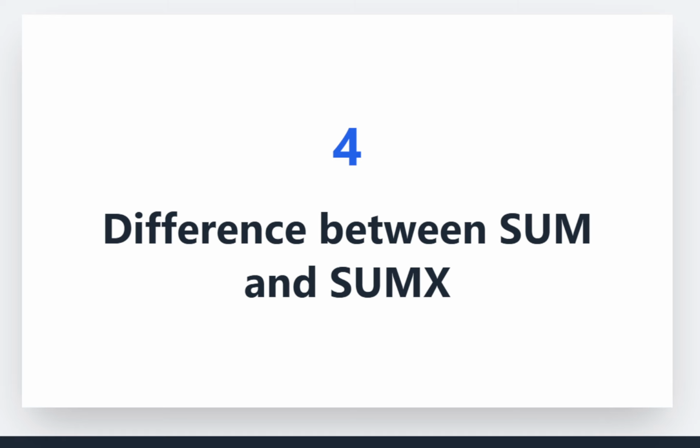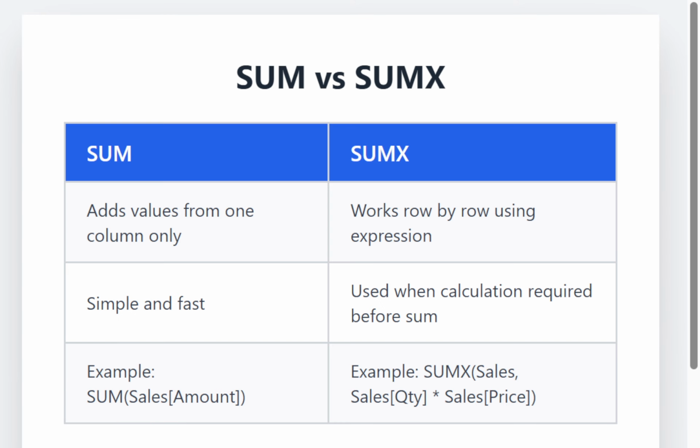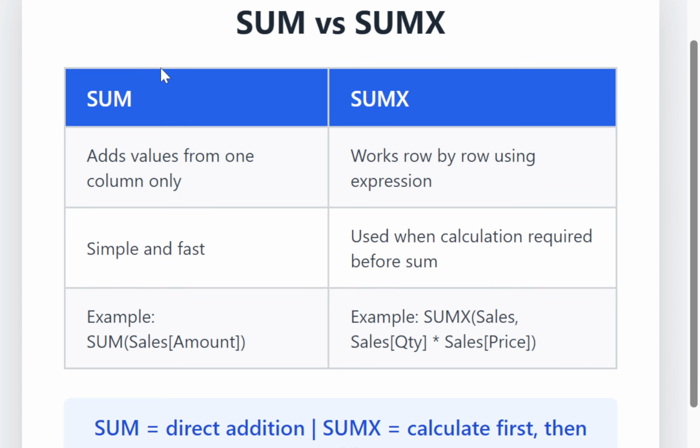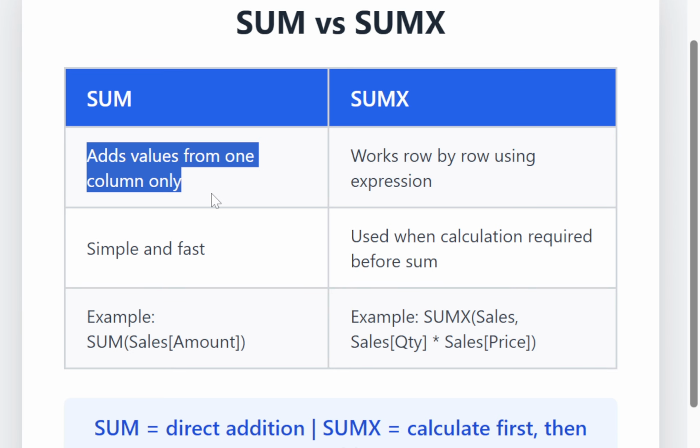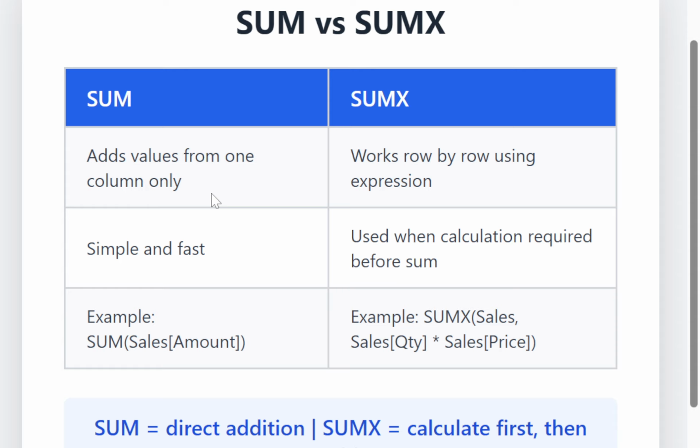Let's move to the new question, which is the difference between SUM and SUMX. Okay, what is the difference between SUM and SUMX? SUM adds values from one column only, while SUMX works row by row using expressions. So when we have any condition to add, for example, when we need to include values from two columns, or we want to do the calculations row by row.